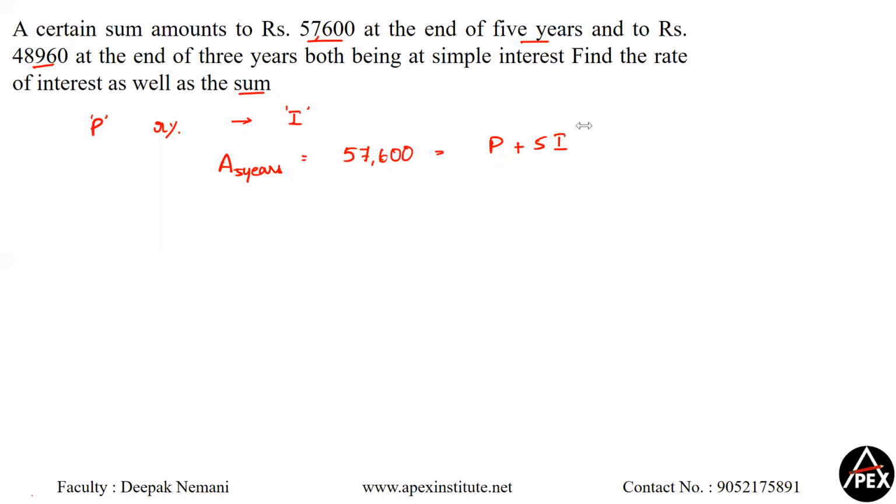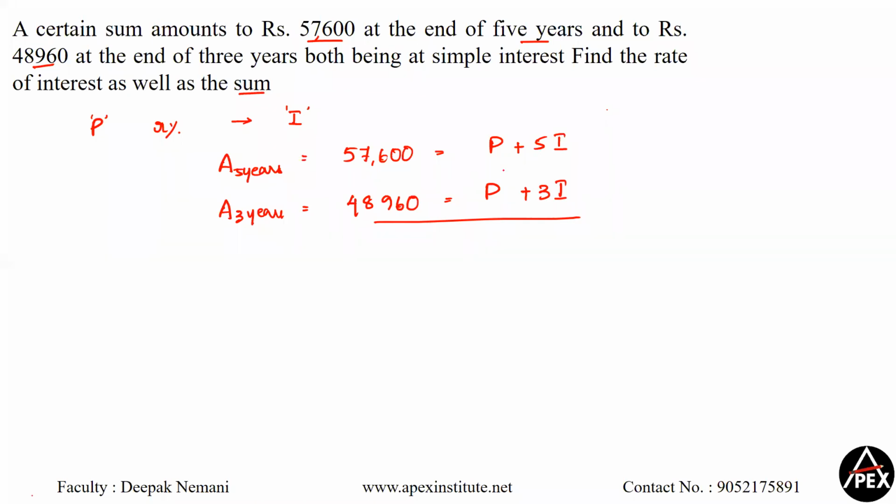Isn't it? Because interest accrued will be same for each year. Okay. Now, amount at the end of 3 years is equal to 48,960, and this will be principal plus interest accrued in 3 years will be 3I.